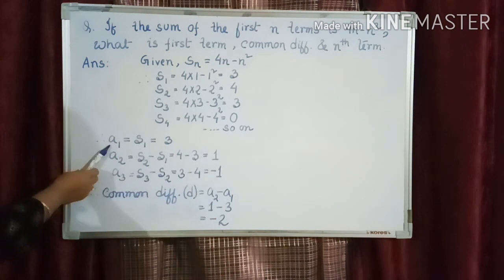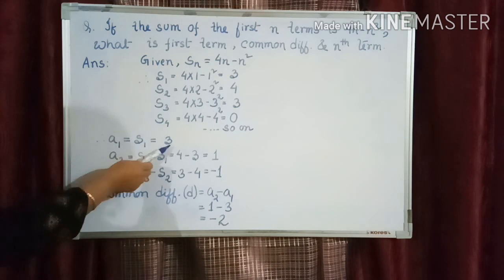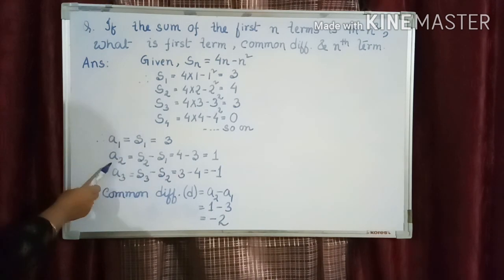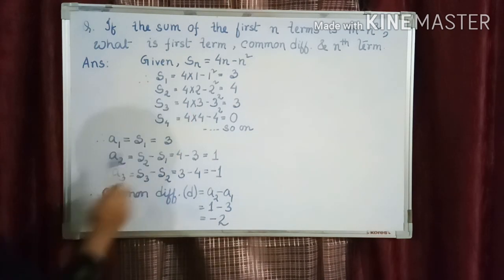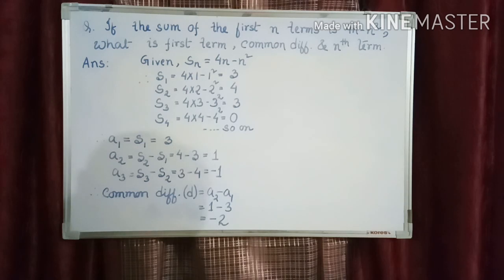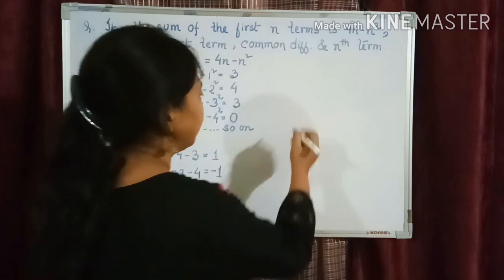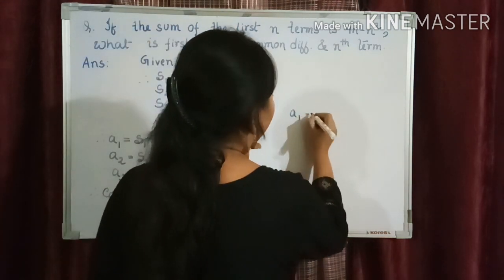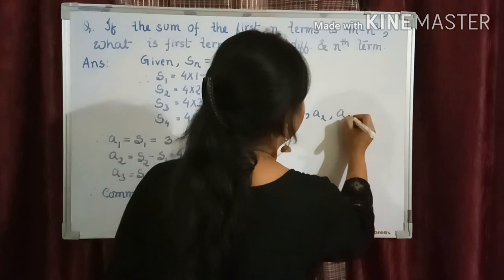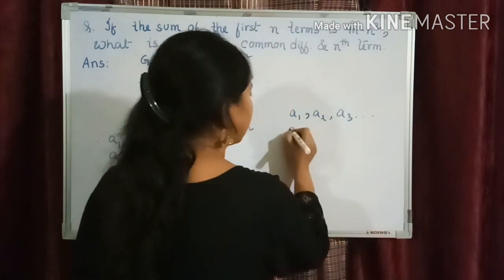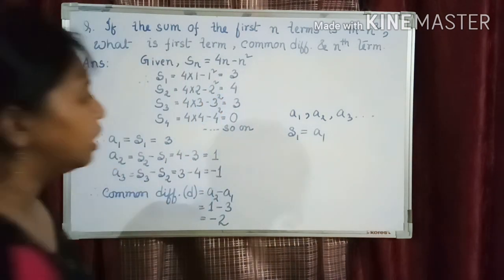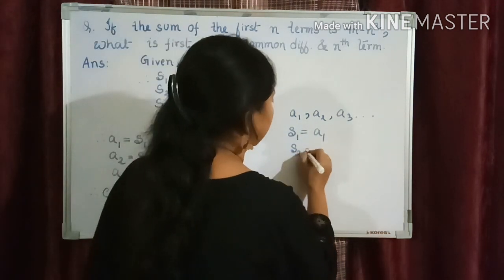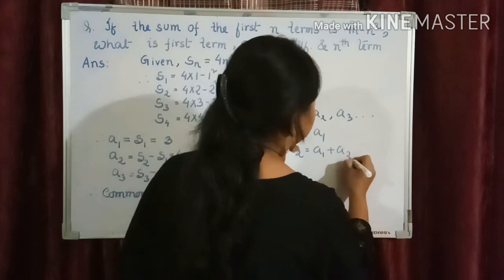Here you look at the first term a1, I am writing directly S1 is equal to 3. And for a2, I have to subtract these two, S2 minus S1. One small example I will give you of why I have written in this way. Suppose the series is a1, a2, a3, and so on. S1 means the sum of the first term, it is a1 only. S2 means the first term plus the second term together.